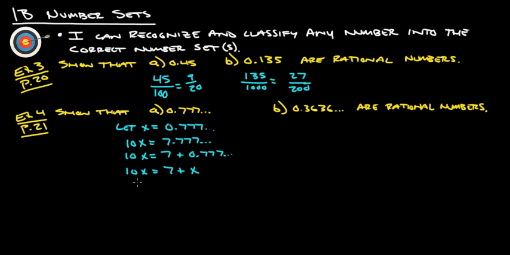That's a little better: 9x equals 7, and then we divide both sides by 9. So x has to be 7/9. Now we have shown that 0.777 repeating is 7/9. We've now shown that it's rational because we expressed it as a fraction.